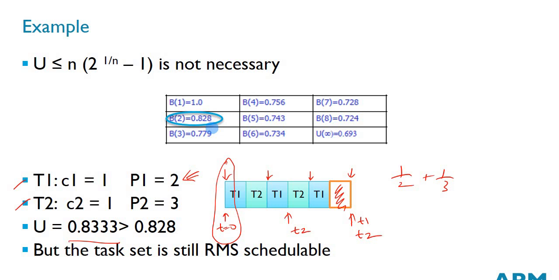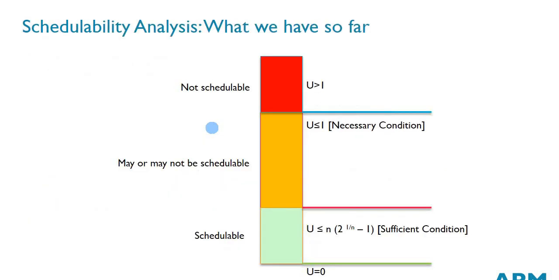So that's why it's important to know what is necessary and what is sufficient. When you say necessary, it means utilization must be less than or equal to 1, but it's not sufficient. That is where the utilization bound comes in. As long as the utilization is less than the utilization bound, it is sufficient, but even if it is not, it may still be schedulable. So this sort of summarizes it.